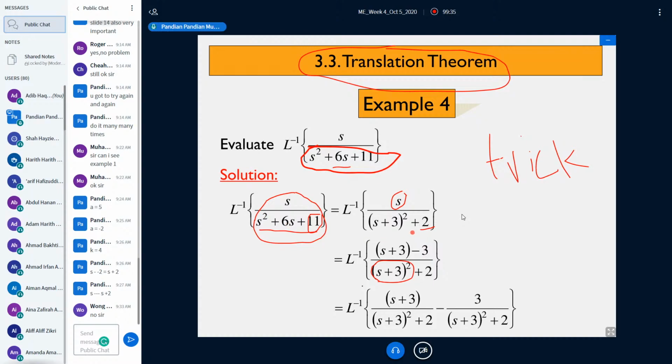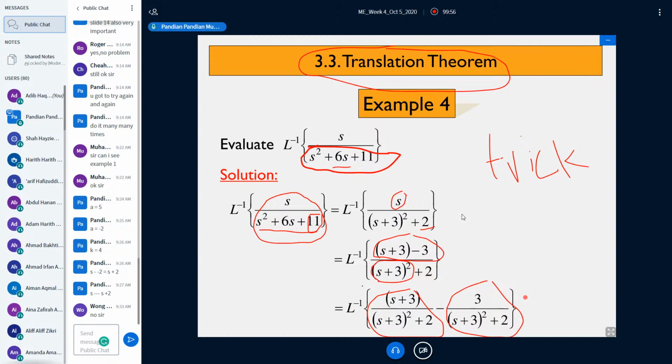The reason why they do this, because they know this one goes to cos, this one goes to sine. That is the ultimate output. But how do we know this before? That is the challenge.